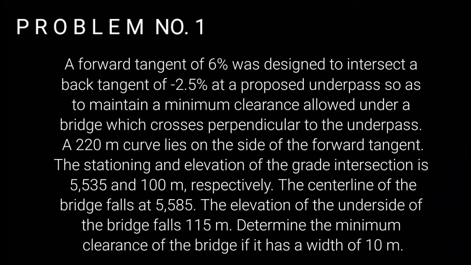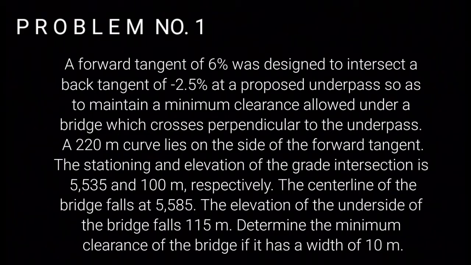So guys, we have an unsymmetrical problem. A forward tangent of 6% was designed to intercept a back tangent of negative 2.5% at a proposed underpass so as to maintain a minimum clearance allowed under a bridge which crosses perpendicular to the underpass. A 220-meter curve lies on the side of the back tangent, while a 150-meter curve lies on the side of the forward tangent.